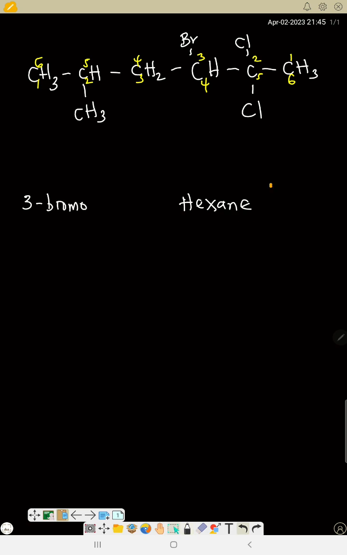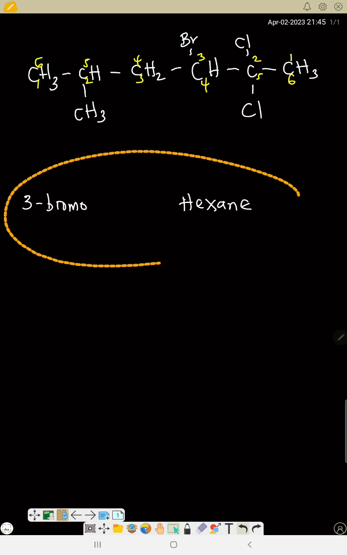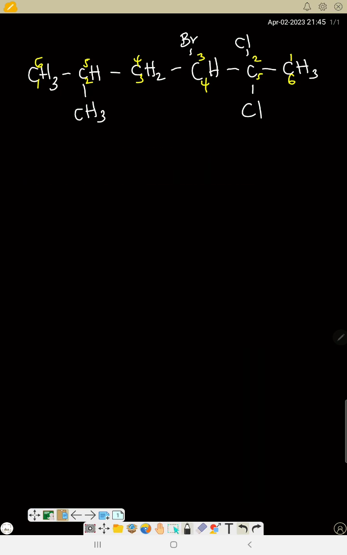So like that. So I know it's hexane, so let me now name this. This is 3-bromo. The methyl will come last after the halogens. So 3-bromo. Between number and alphabet you use a dash. Again I have 2 chlorines, both are on 2 carbons here.